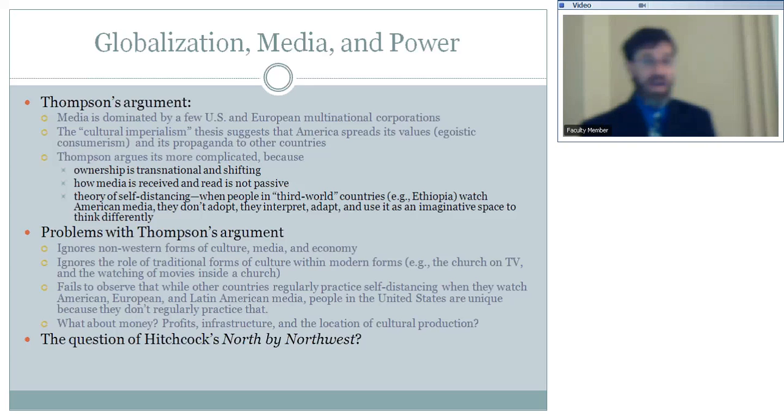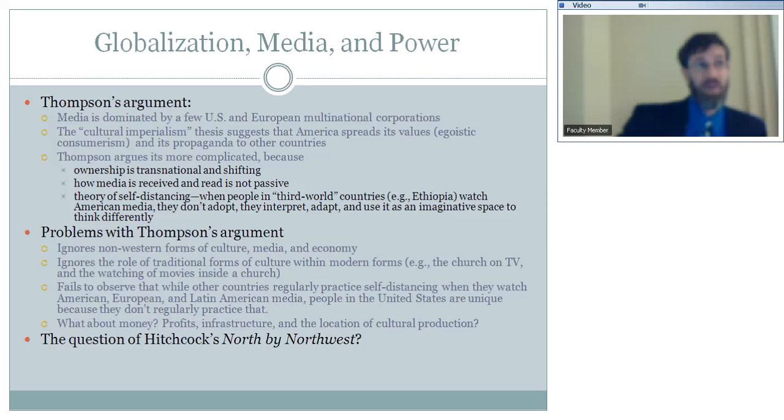Thompson explores this in more detail, and I'm not going to belabor the point. But Thompson shows that it's not just American dominance; it's a few companies, like 5 companies, that own almost everything. And so the question people are wondering is, are they controlling the message that goes out to the American public? And not just to the American public, but the message that gets out to the whole world.